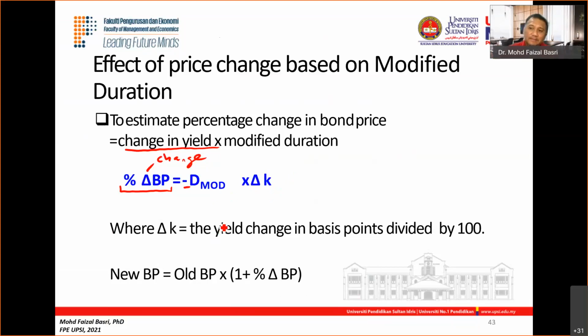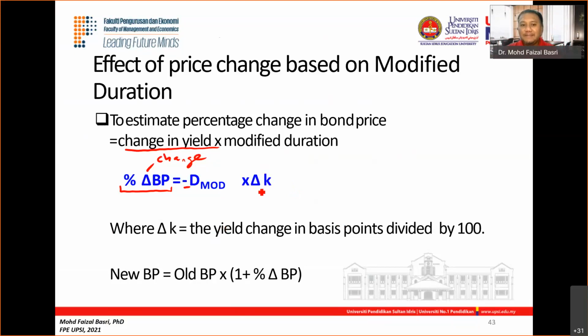And if the K is going down, then negative with negative becomes positive, so the price will go up. So that's why we put a negative in the modified duration. And this K will depend. If it increases, we're going to use a positive K. If it decreases, we're going to use a negative sign there.